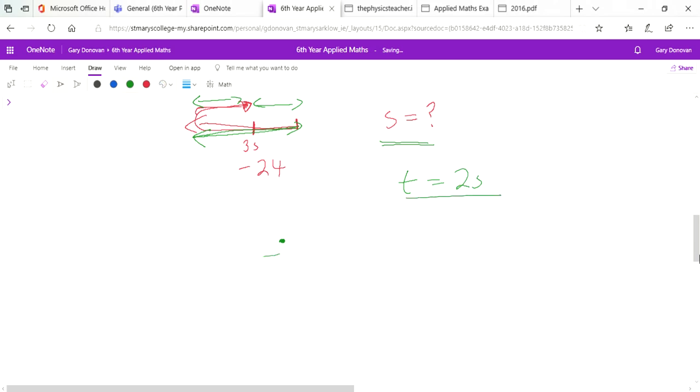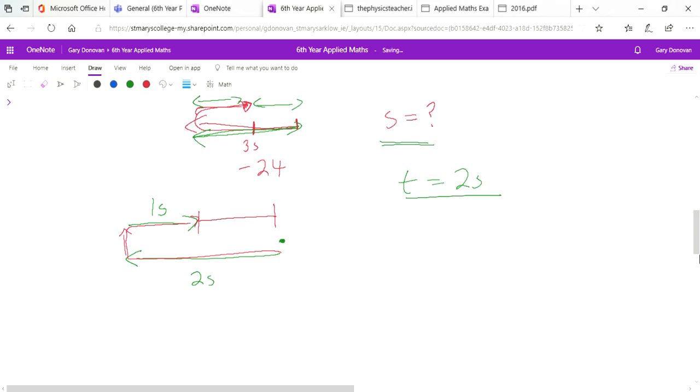So it covers a certain distance in the first 2 seconds. It changes direction, and we're asked to find its distance after 3 seconds. So after 1 second it's going to go back. So the distance we're looking for will be the green arrow plus the green arrow. That's its total distance traveled.